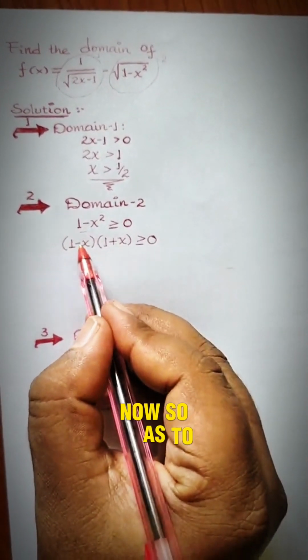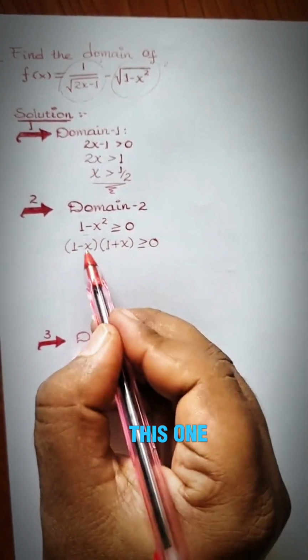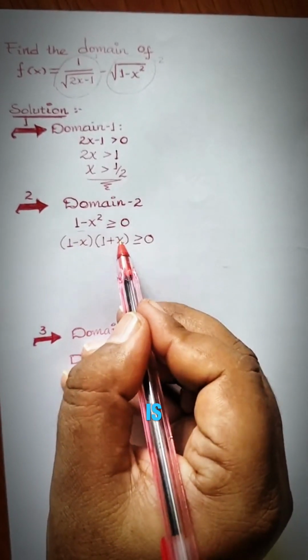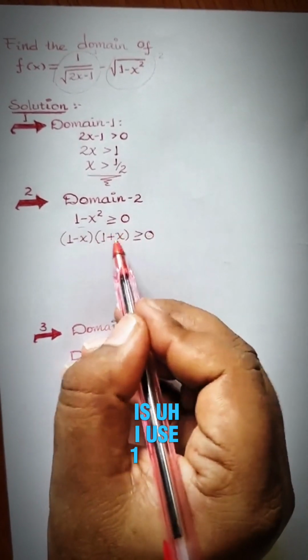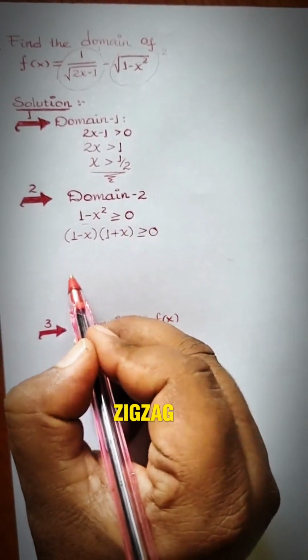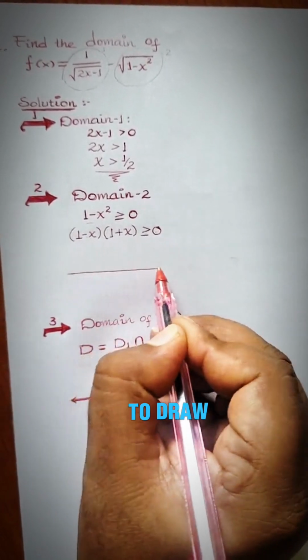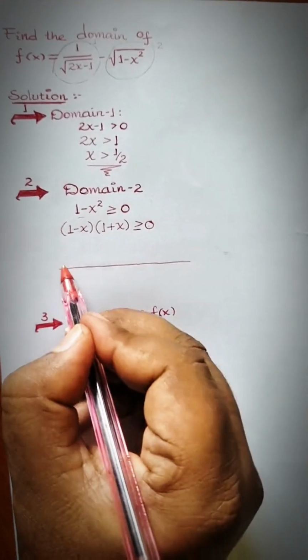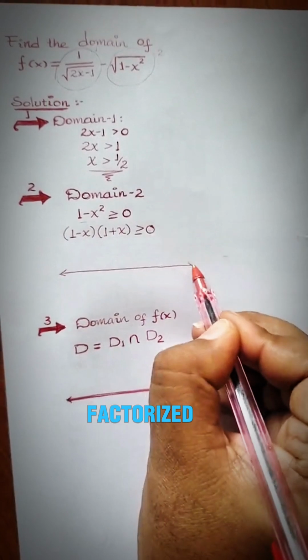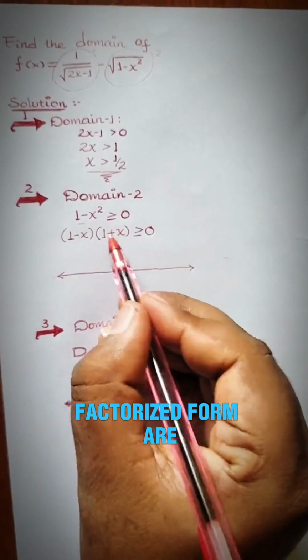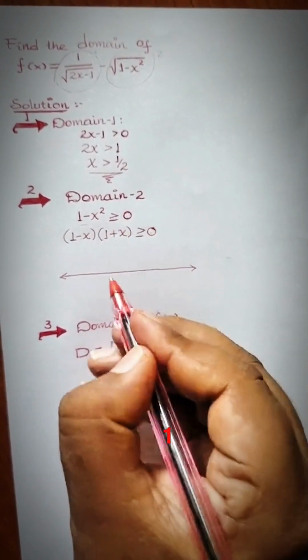Now, so as to solve this one, I use a method called the zigzag line method. Now we have to draw a straight line, and the zeros of the two factorized forms are 1 and negative 1.